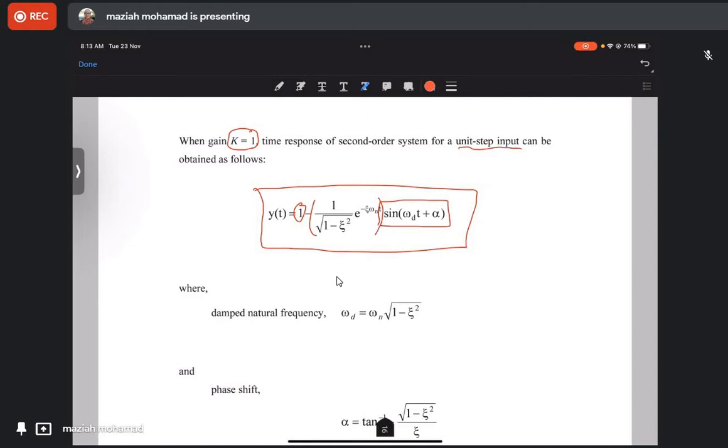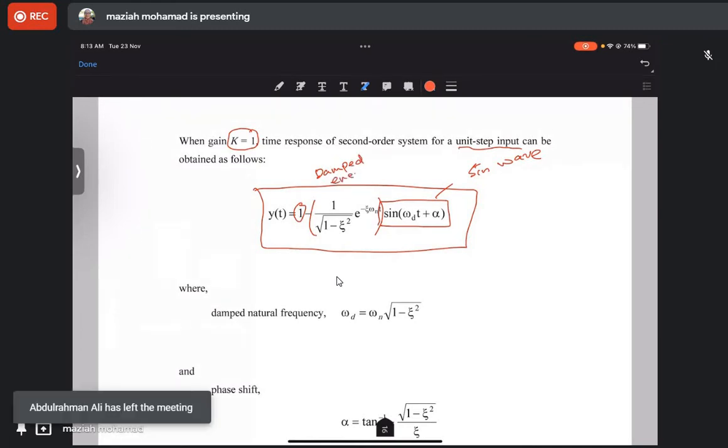And this part here will explain the damped energy, meaning how the damping will be able to reduce the movement of the sine wave. So this is the time response equation for the second order, right?